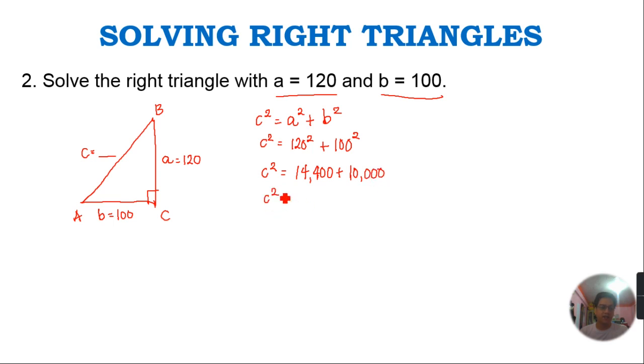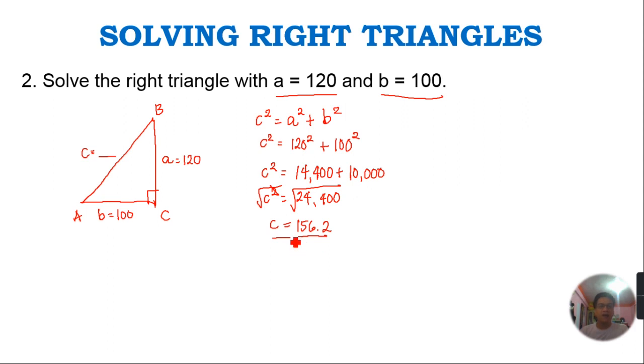So C squared is equal to 14,400 plus 10,000. So that will be 24,400. And then we get the square root. Alright, so C will be equal to the square root of 24,400, which is 156.2. Okay, so that's our C.